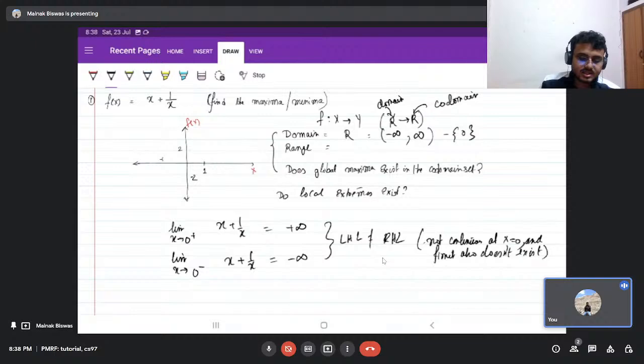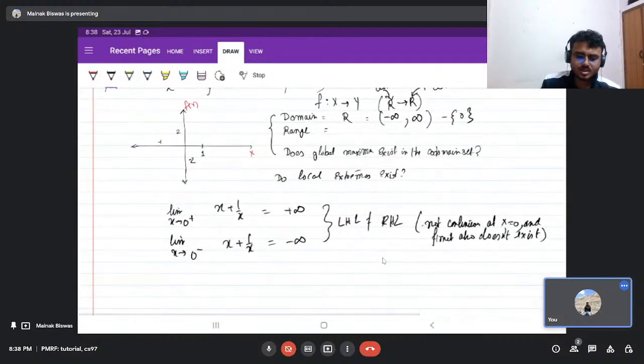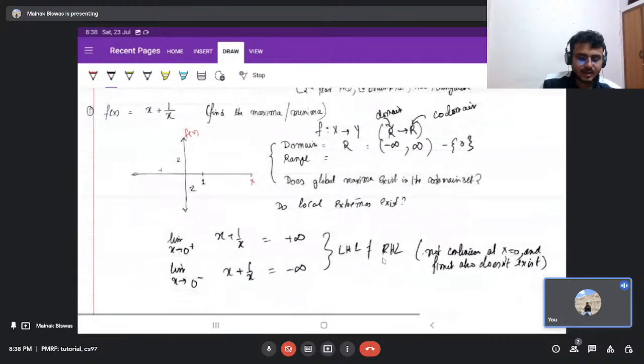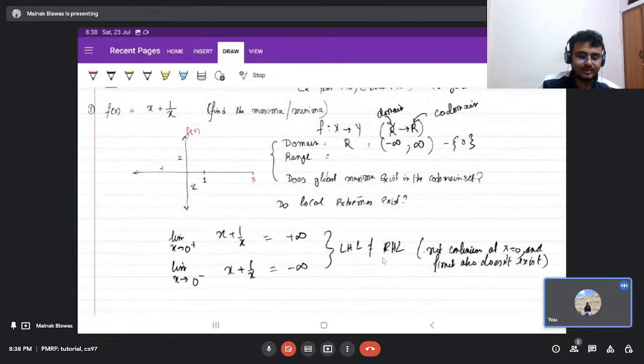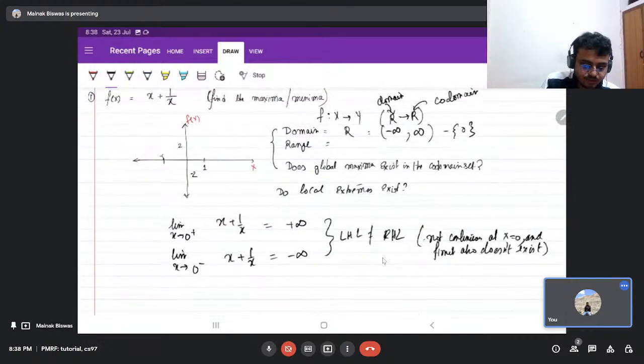And what is the range of the function? We can easily see the range by seeing the values where this function attains a local minima or a local maxima. So what is the shape of the function? We have seen at 0 plus this function is positive infinity, and at 0 minus this is negative infinity.